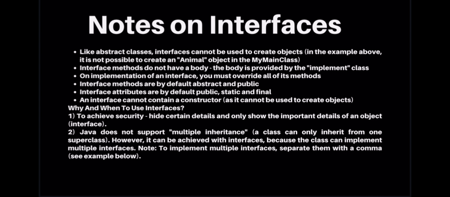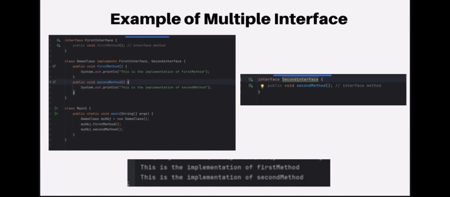And an example of multiple interfaces would be this. We have two interfaces, a first interface and a second interface. In the first interface, we have a first method, and we have a class, DemoClass, that implements the first and second interfaces.